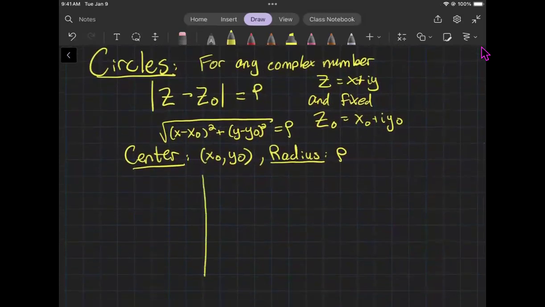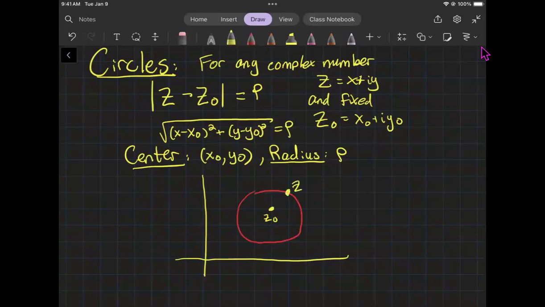Geometrically, we are looking at the boundary of the circle with center z0, and we're fixing a point on the boundary, and this is the radius rho. So this is the illustration.